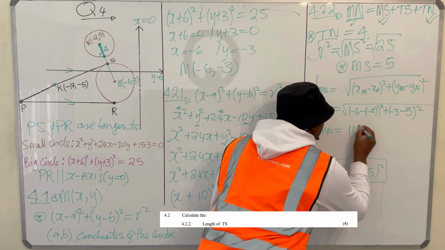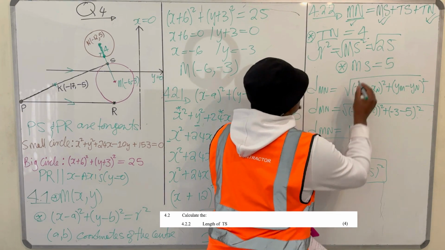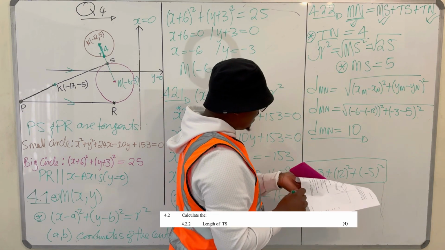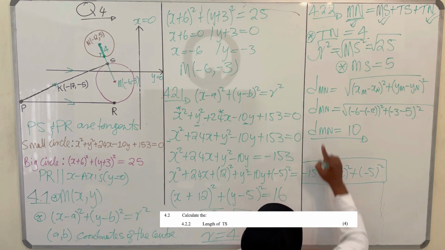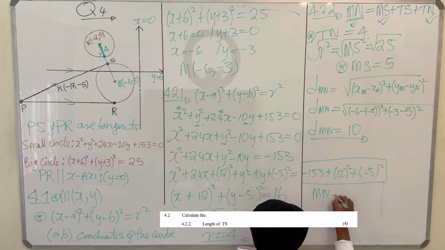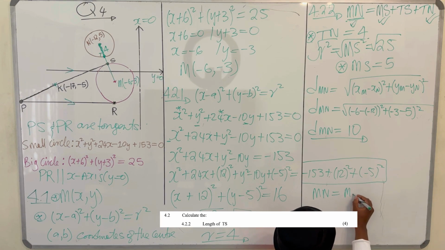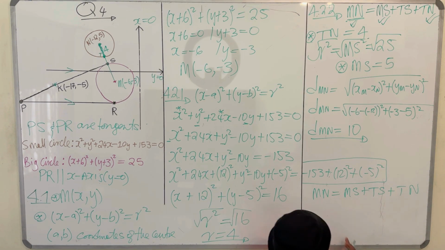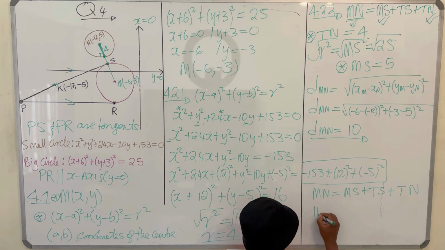So we found that this is 10 as well. So we said here that mn is equal to ms plus ts plus tn. Mn, we just calculated, is 10 units.